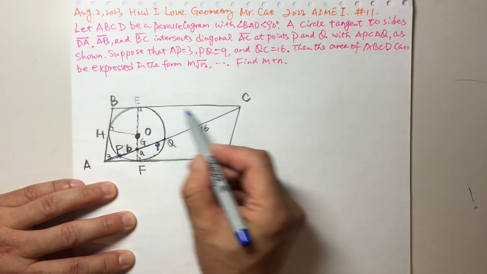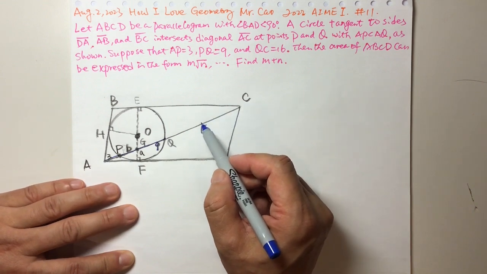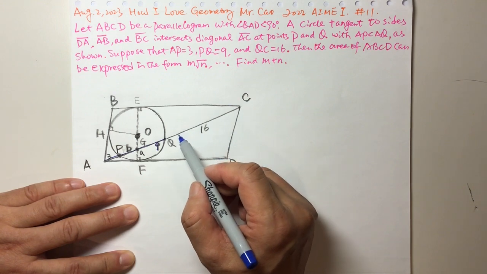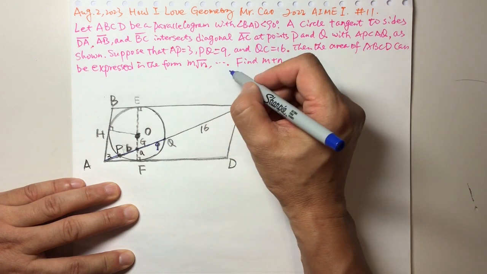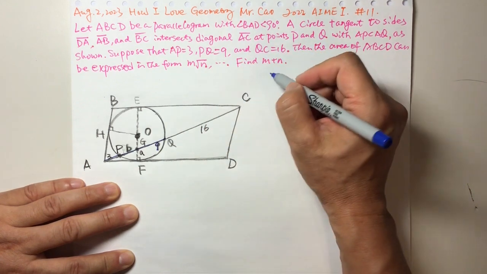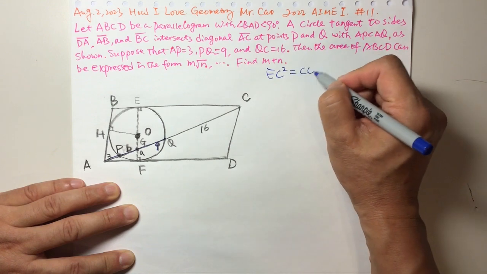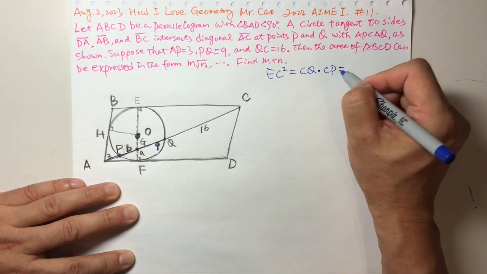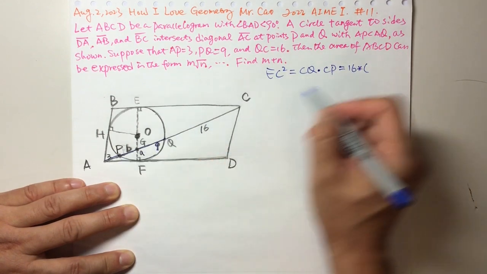If we take EF as the height on AD, then we should find AD. So EC is easy to find, right? Because we have the power of a point theorem. So we got EC squared equals CQ times CP, equals 16 times 16 plus 9.